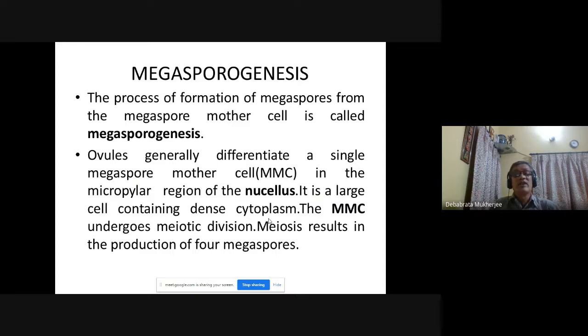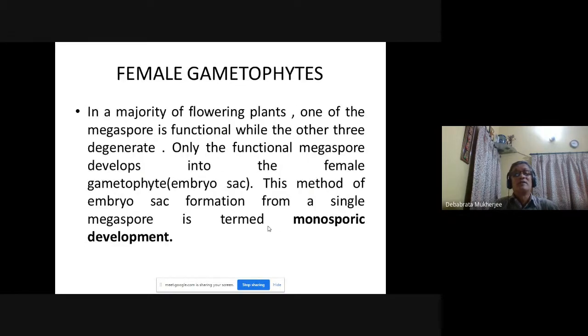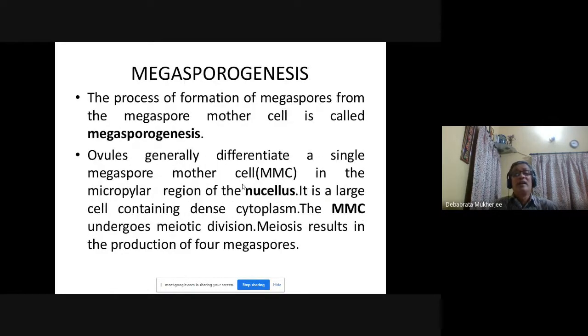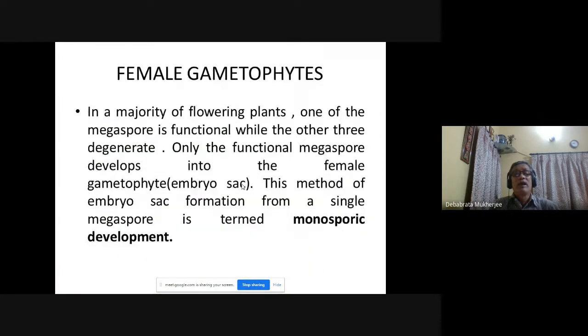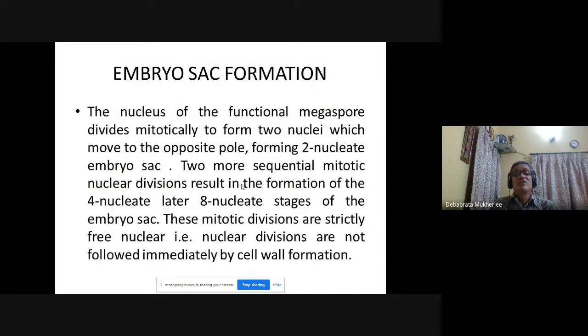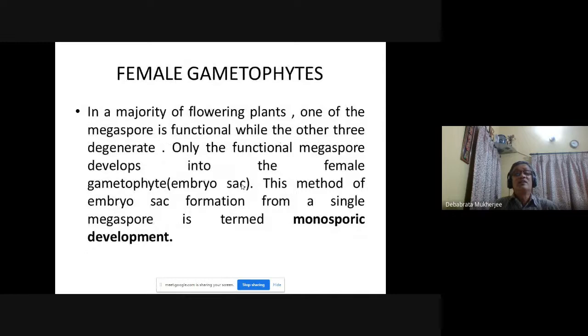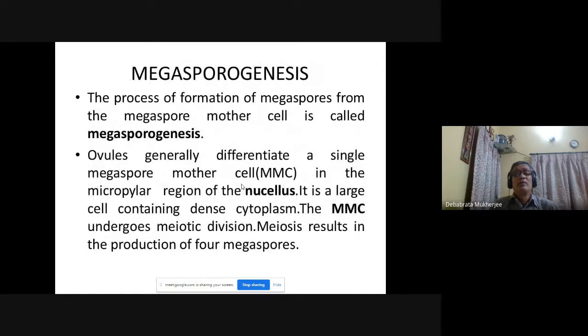Actually, the ovule differentiates a single megaspore mother cell in the micropylar region of the nucellus. It is a large cell containing dense cytoplasm. The MMC undergoes meiotic division. We will see, subsequently, ovules generally differentiate into the megaspore mother cell, as we have said.